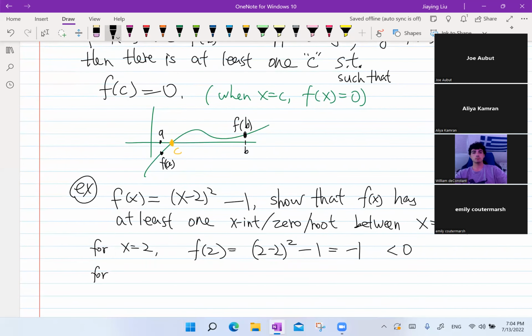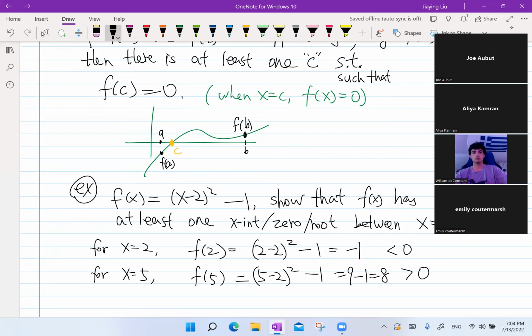And then for x equals 5, I'm going to put 5 into the function. So we get f of 5 equals 5 minus 2 squared minus 1. 5 minus 2 is 3. 3 squared is 9. Minus 1 equals 8, which is positive.